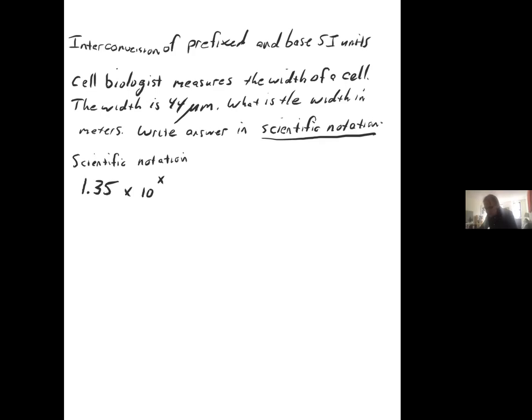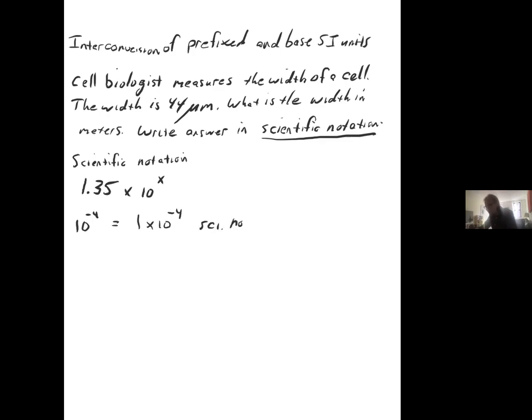So if I just wrote 10 to the minus 4, that's not considered scientific notation. It is exponential notation, but it's not scientific notation. So the way I would make this scientific notation is I would just write 1 times 10 to the minus 4. Because remember, if you multiply something by 1, it doesn't change it. So writing it as 1 times 10 to the minus 4, that would be scientific notation.